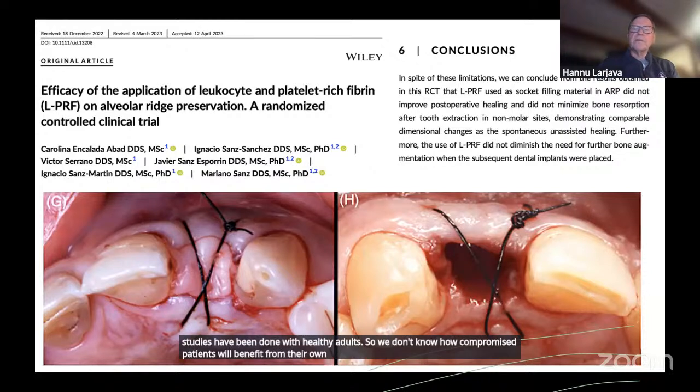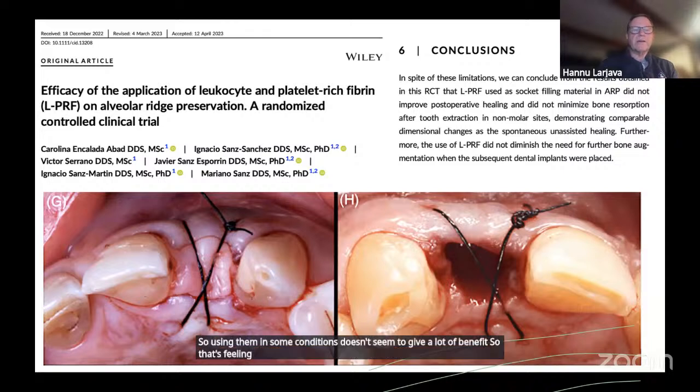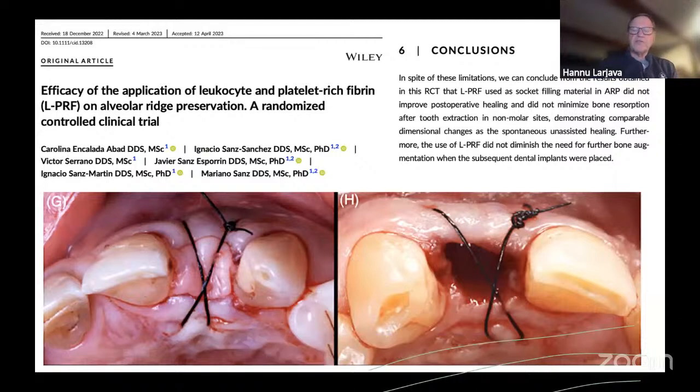So using them in some conditions doesn't seem to give a lot of benefit. Filling the extraction socket may prevent or help with dry socket formation, but it doesn't really offer much ridge preservation. Like in this study, they say that it did not diminish the need of further bone augmentation for implants.